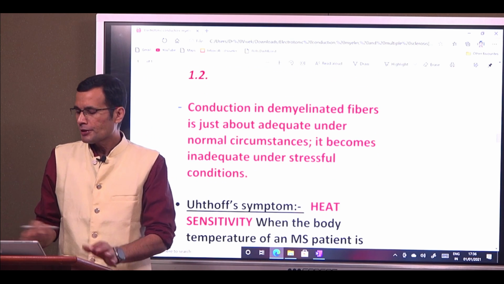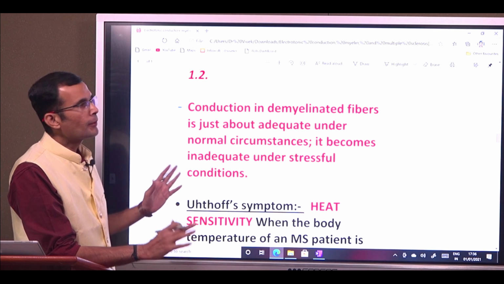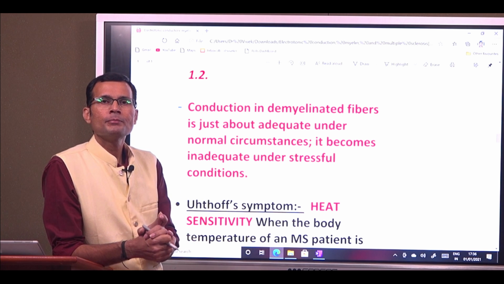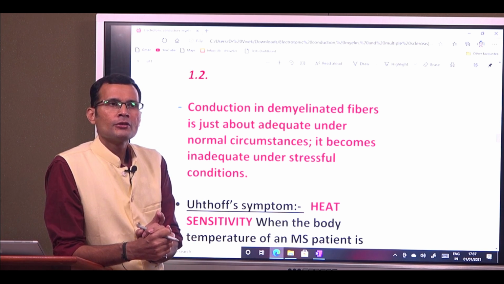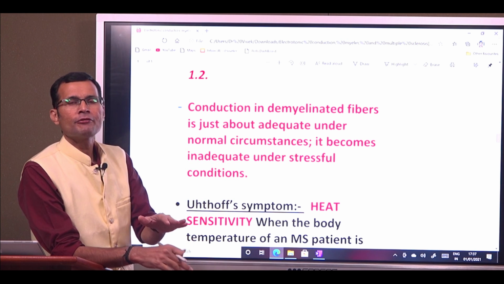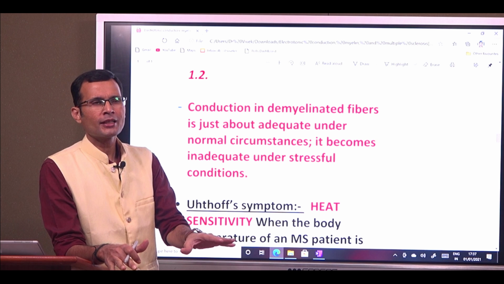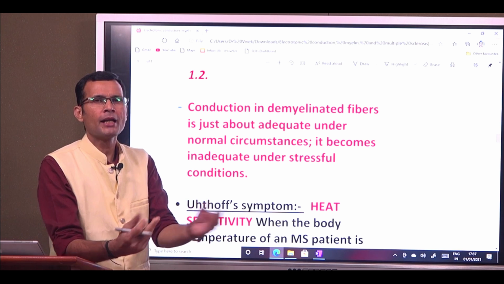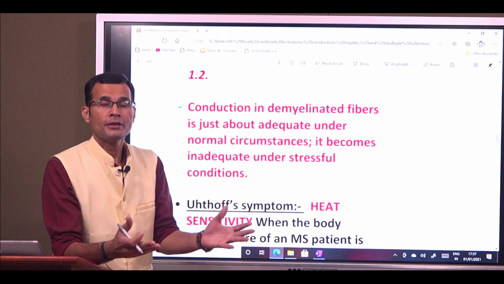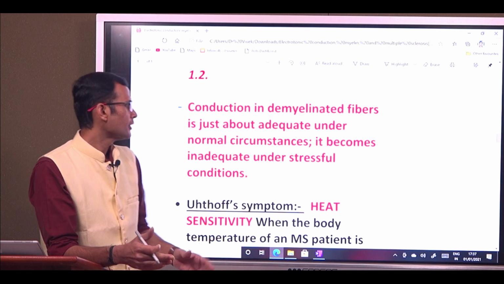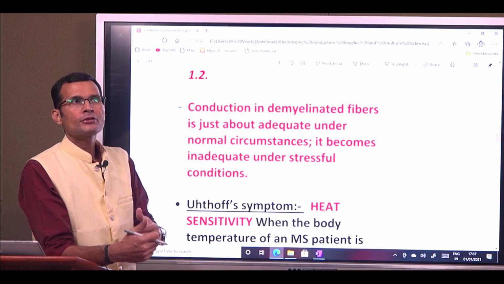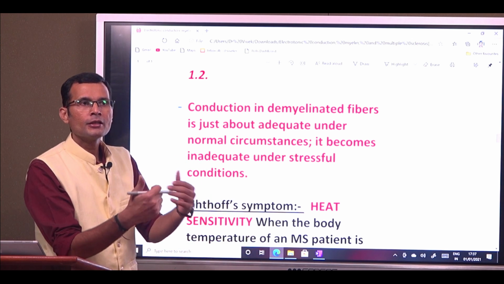Now, conduction in the demyelinated fibers, as I mentioned some time ago, is just about adequate. Under normal circumstances, conduction will be barely possible, but it will be blocked when certain situations arise.